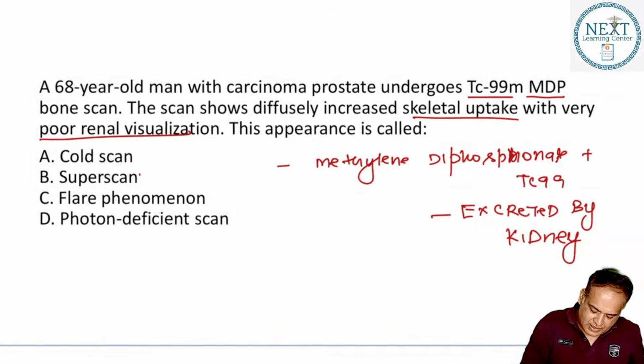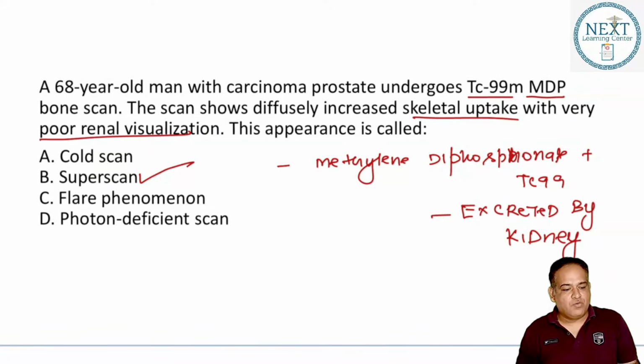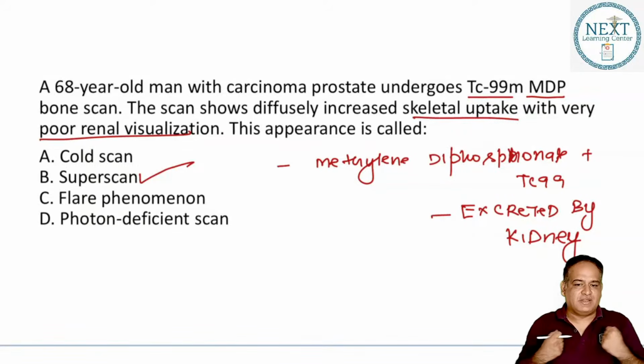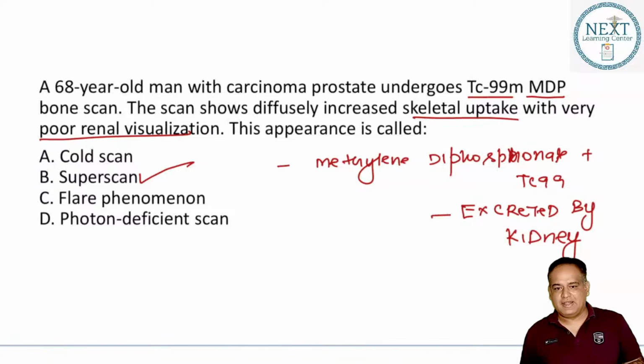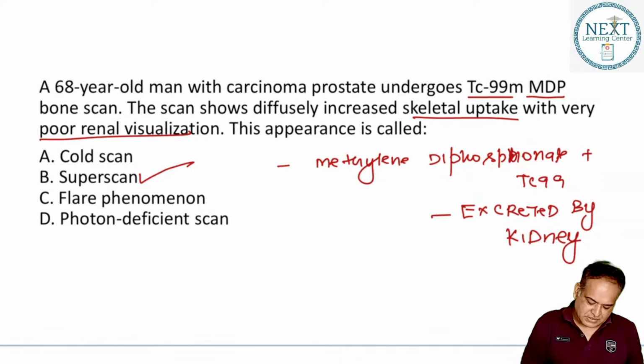Now this is called a super scan. When there are too many skeletal metastases, all the contrast which you give will be absorbed in the metastases and will not flow in the kidneys. That is called a super scan.